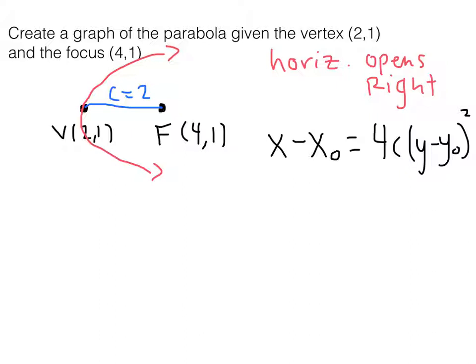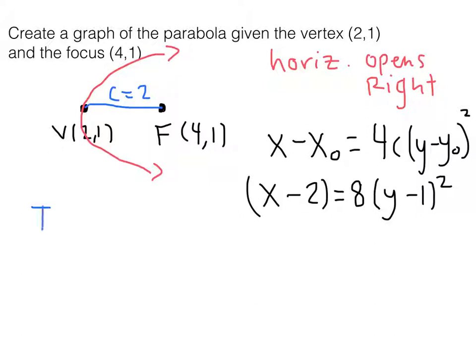And then if we plug in our information here, we have x minus 2 from the vertex equals 4 times c, 8, times (y minus 1) squared, from the vertex. So here we already have all the information that we need for our equation. The only thing that's left to determine is the table of values.